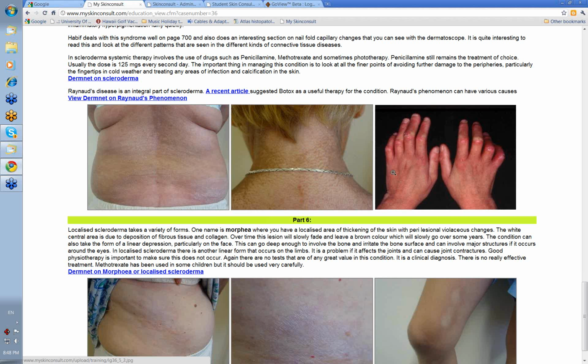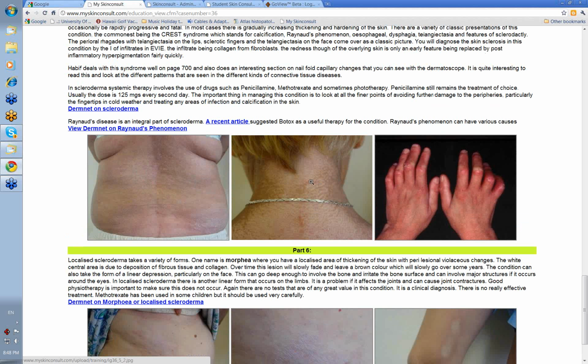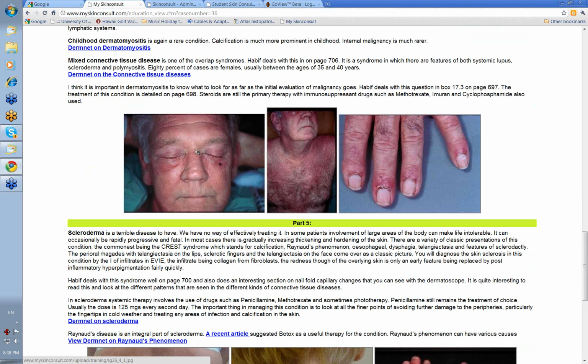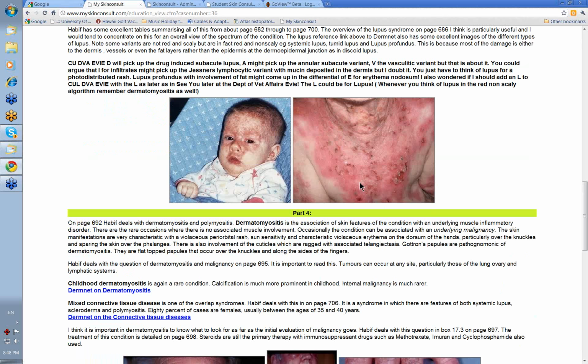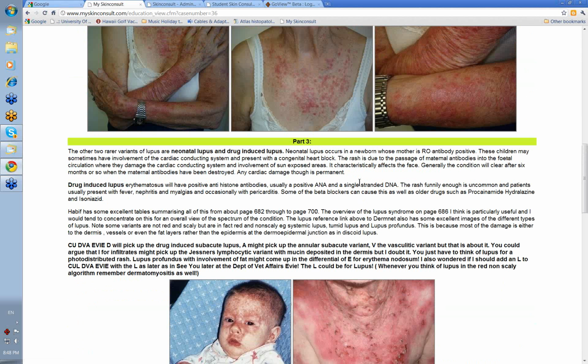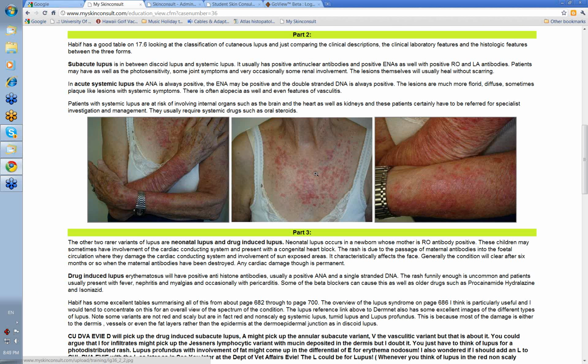Know the features of the CREST syndrome and scleroderma. Know dermatomyositis and the areas that are involved, and especially the fingers. And lupus. Know a little bit about the antibodies, which ones are positive in subacute as against discoid. Immunofluorescence biopsies are much more likely to be positive in subacute and systemic than they are in discoid lupus.